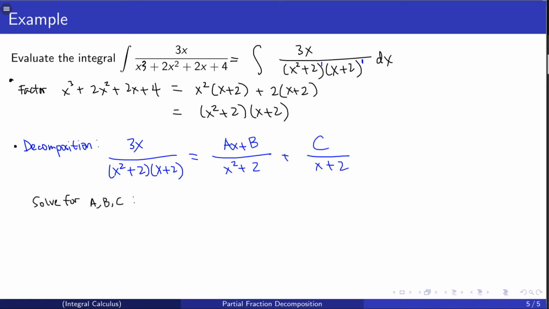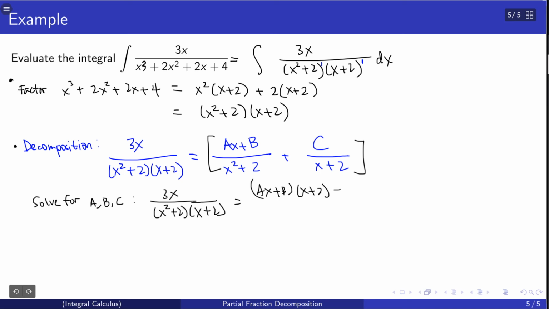Right? Basically, you're multiplying by the LCD. Another way to think about that is you're using the LCD to write these two terms on the right as one fraction. Right? So how would you do that? This becomes ax plus b times x plus 2 plus c times x squared plus 2.